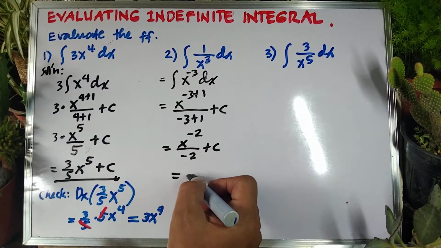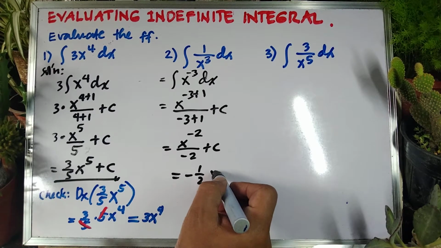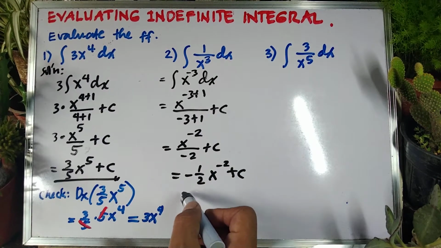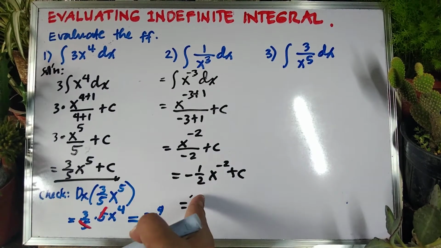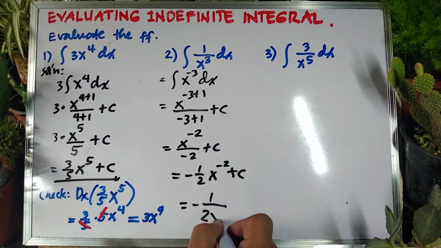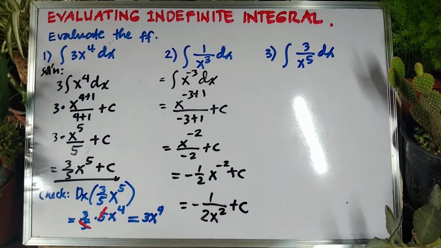And that is, finalize your answer, negative 1 half x to the negative 2 plus c. Dapat hindi negative yung exponent. So, you have negative 1 over 2x to the power of 2 plus c. That's your final answer, the simplified form.